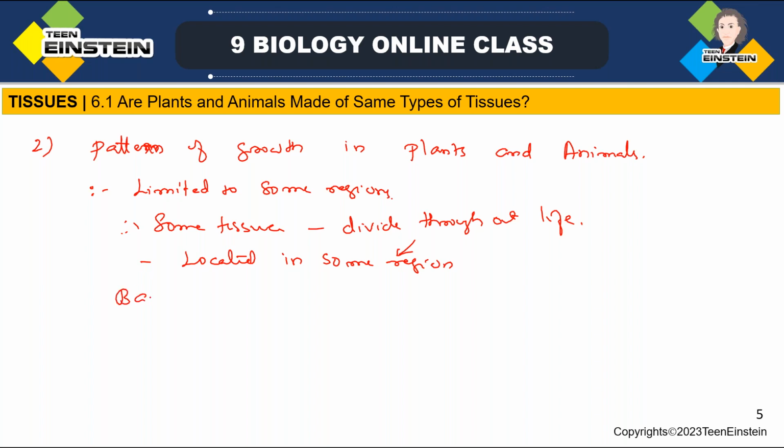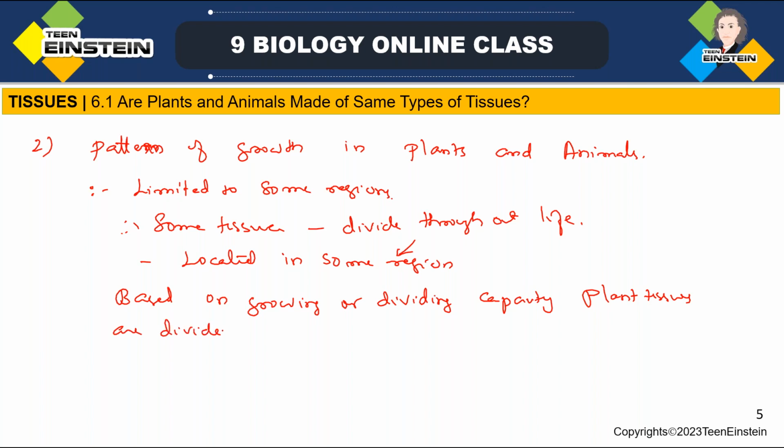So based on that growing capacity or dividing capacity, plant tissues are divided into meristematic tissue.